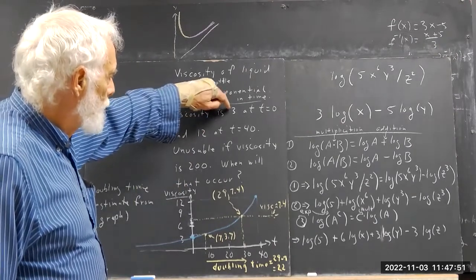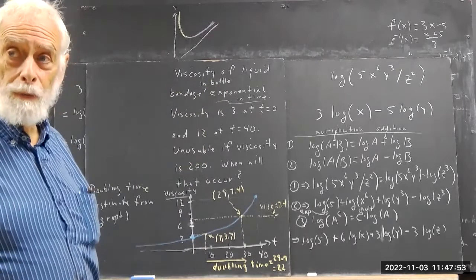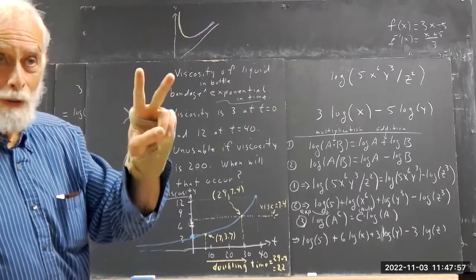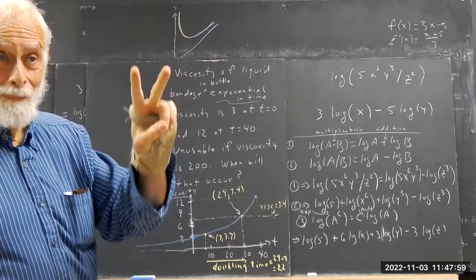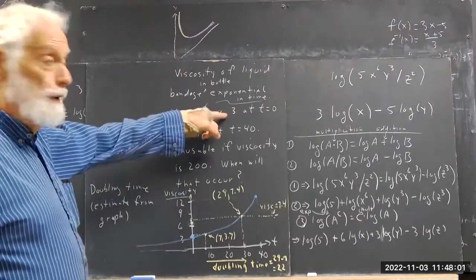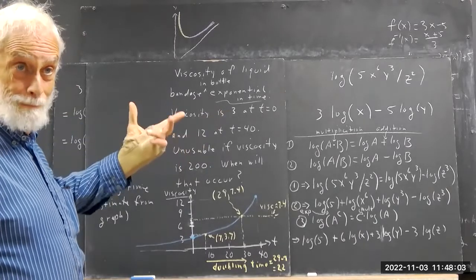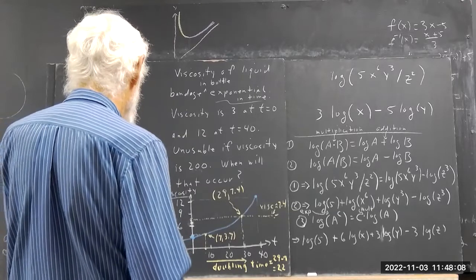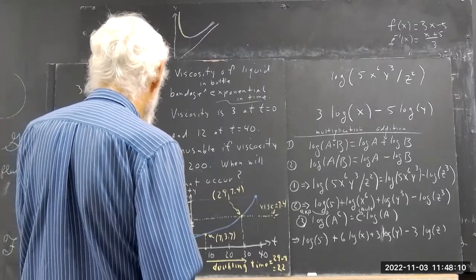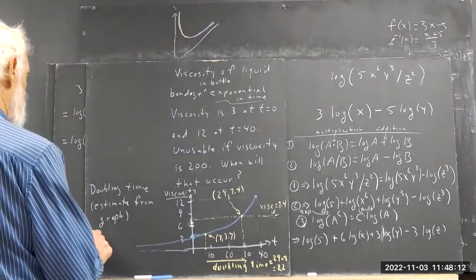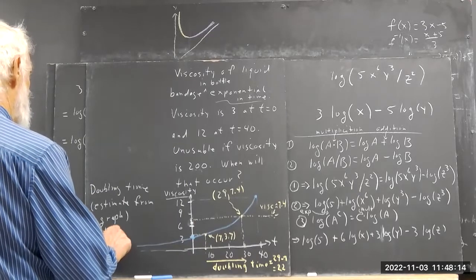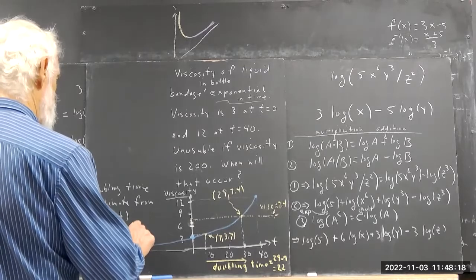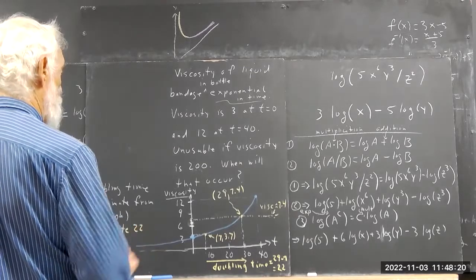If we go from 3 to 12, how many times did it double? Twice, right? You double 3, you get 6. You double 6, you get 12. So here our estimate is 22.